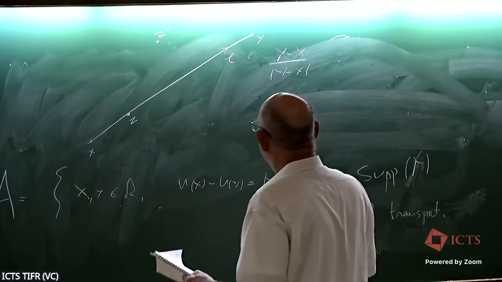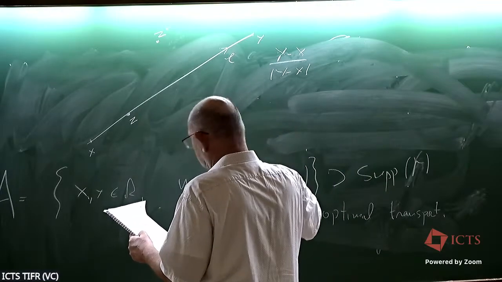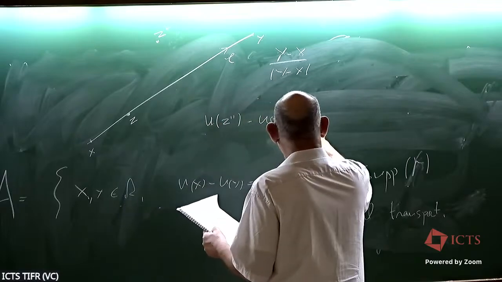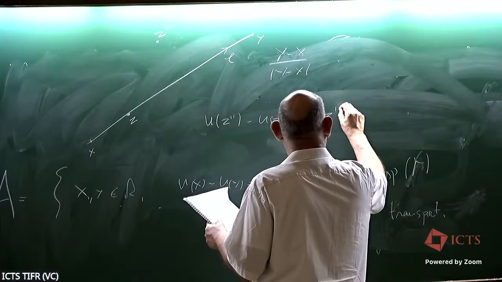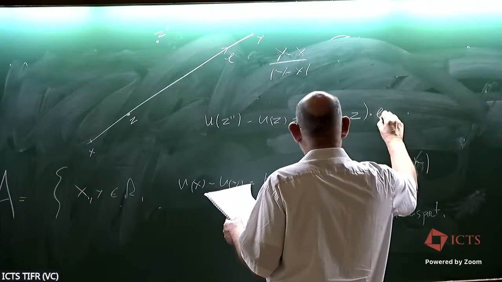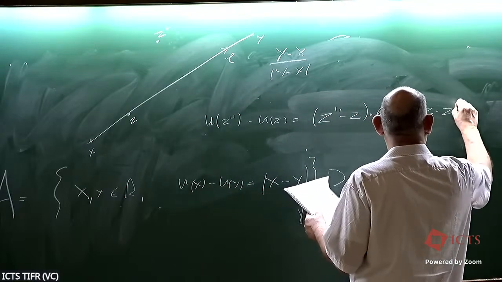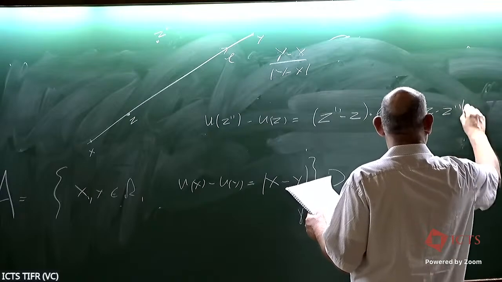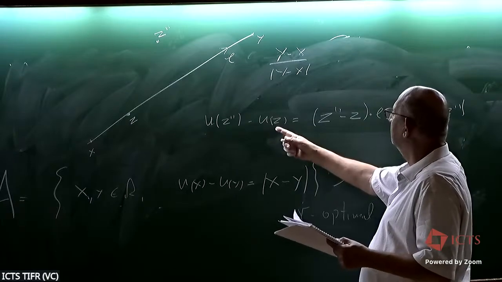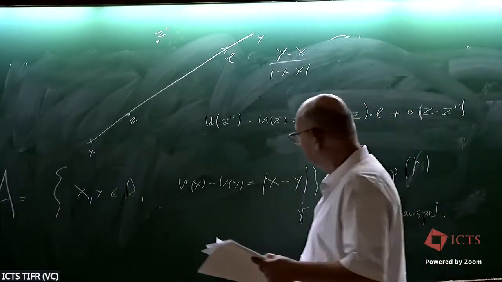So what we want to prove is that u at the point Z double prime minus u at Z is equal to Z double prime minus Z multiplied by E plus small o of Z minus Z double prime. This will say that u is differentiable at Z, right? So this is what we want to prove.